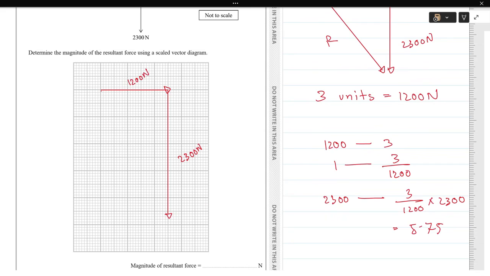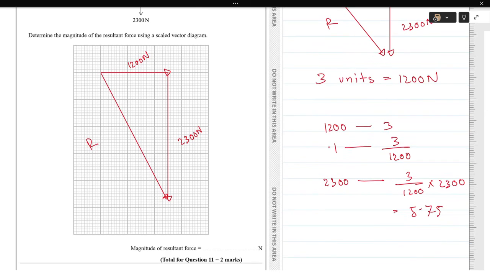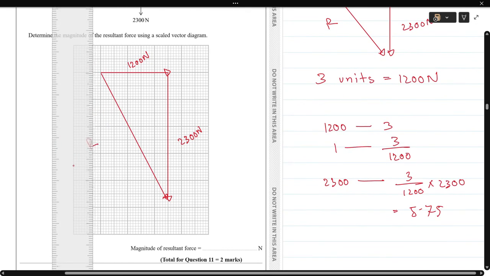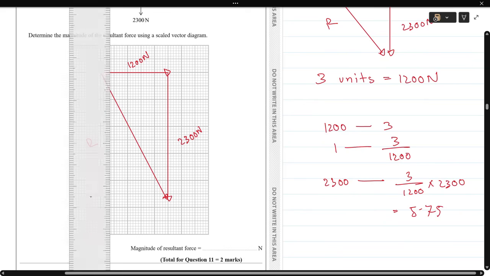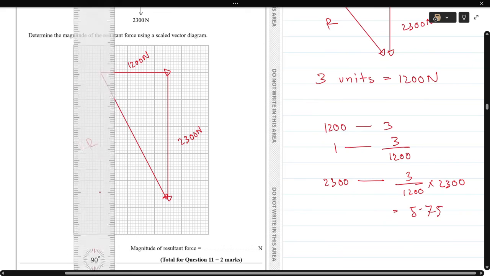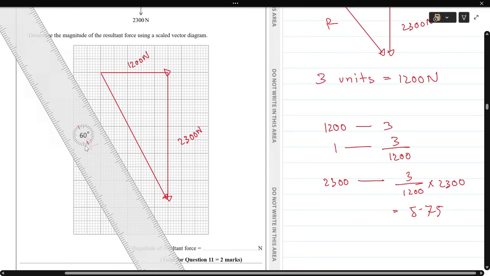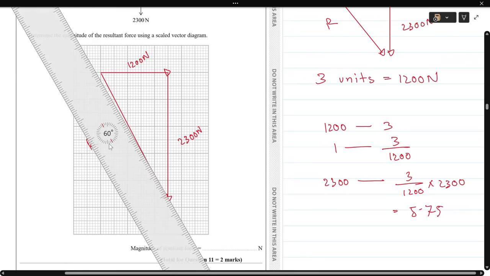Now what we have to do is use an opposite arrow to find out the resultant force. Now we need to measure the length of this arrow.